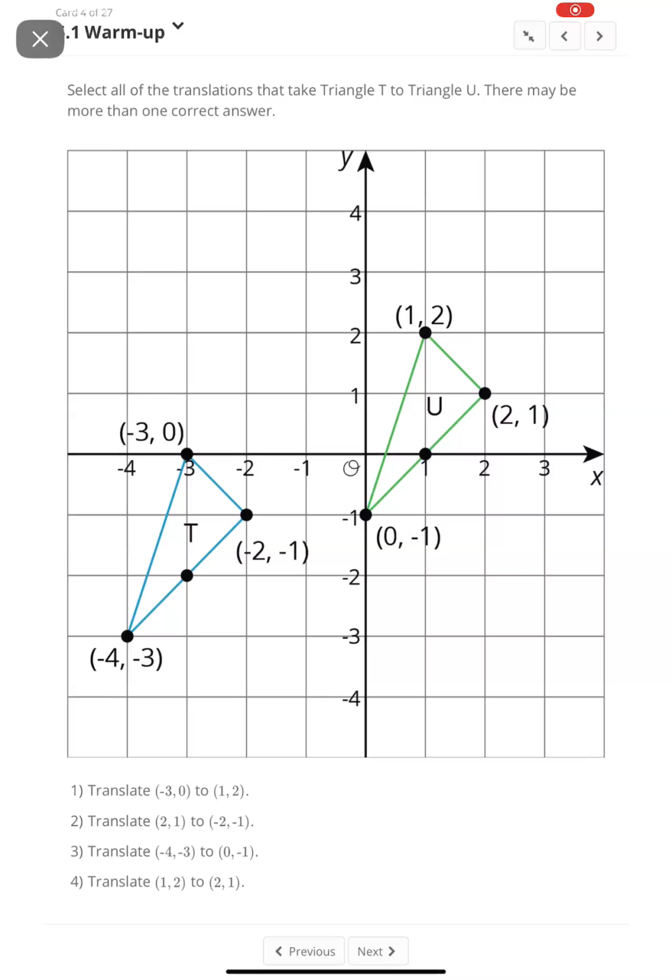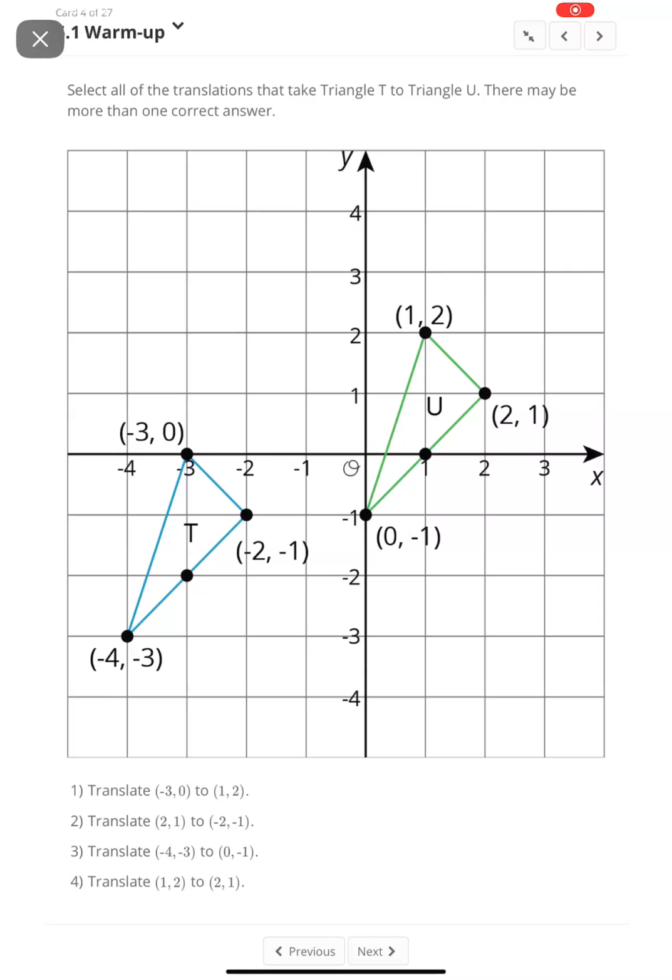When we translate an object on a coordinate plane, or really anywhere, every single point on that object is going to move in the same direction and same distance.